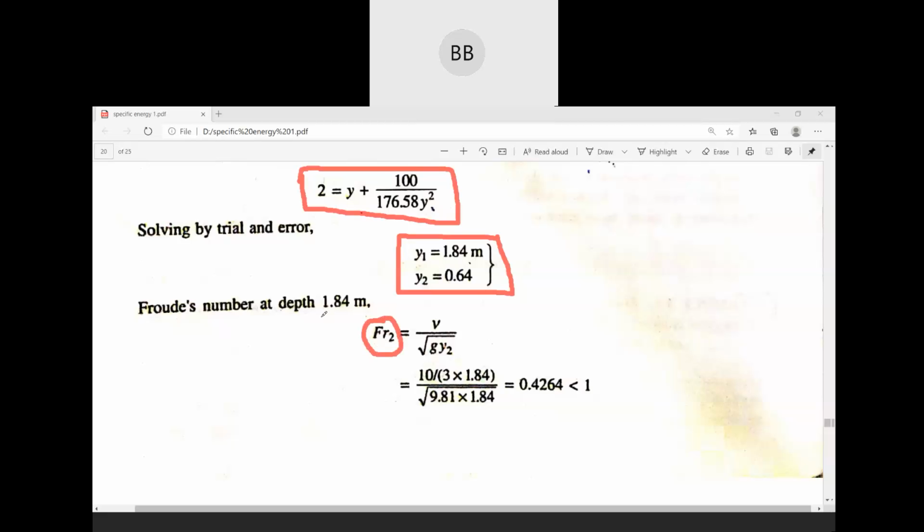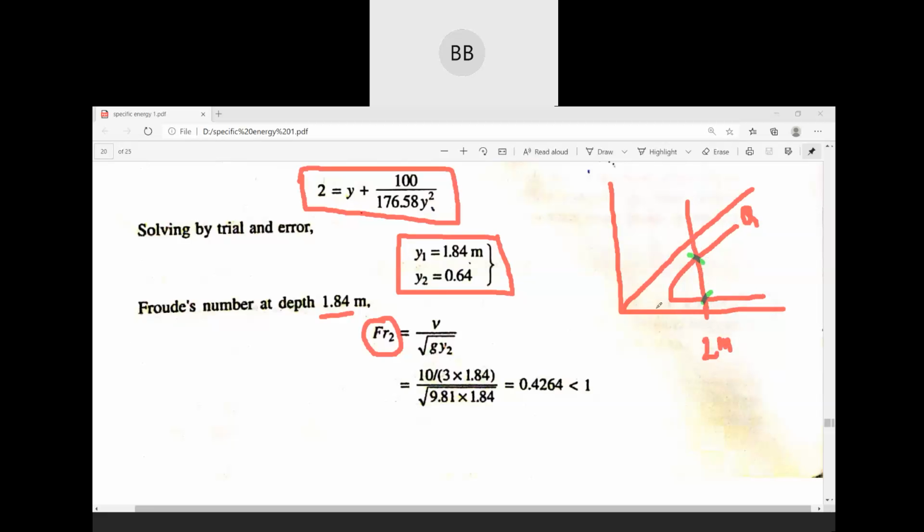First we will take this 1.84. If you remember the graph, it will have x and y axes, then an E equal to y line at 45 degrees, and then your specific energy curve. Suppose this is your 2 meter. For this 2 meter, you will be having two alternate depths, one here and one here.